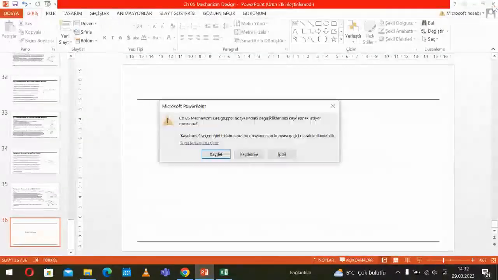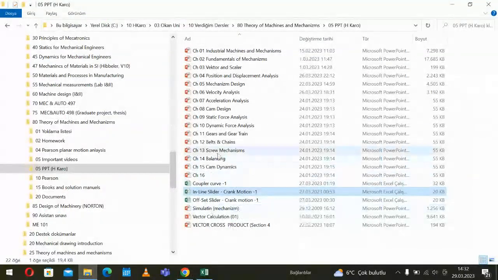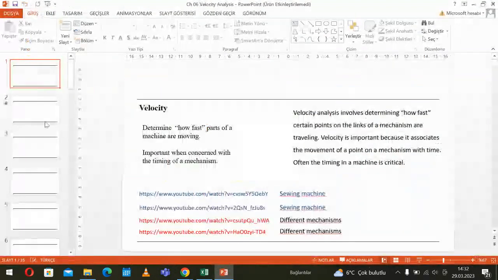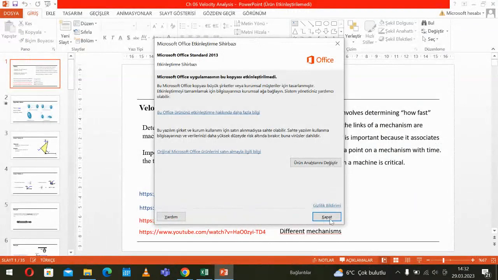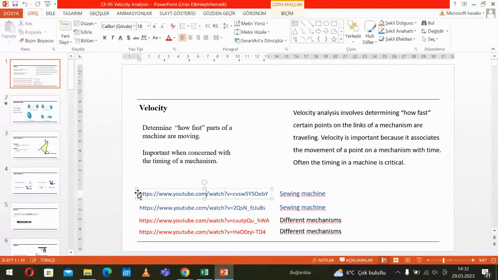The next chapter is about velocity. I'd like to show you some mechanisms to have a feeling about what velocity means in a mechanism.